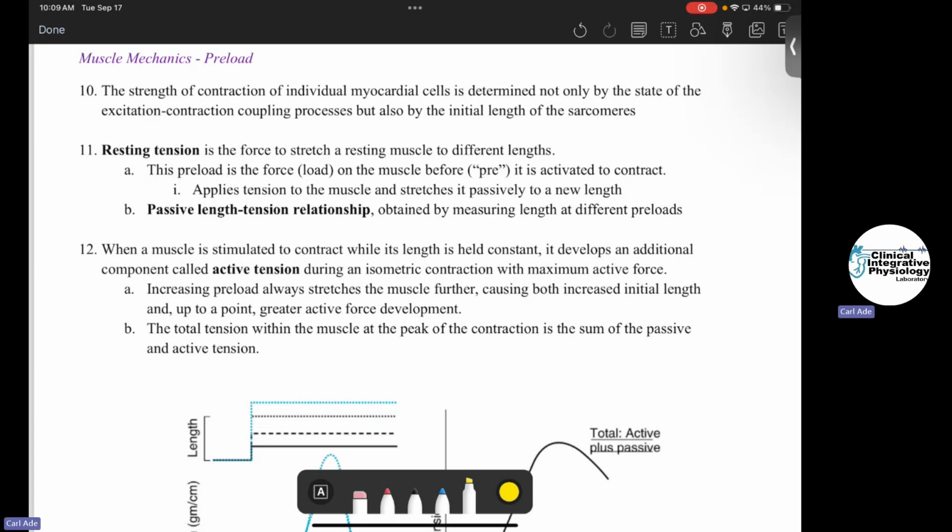We've got some extrinsic factors, that being the initial length of the sarcomeres. That initial stretch is going to change that relationship a little bit. This is where preload comes in. So I'm going to give you a second here to write these, and then I'm going to really build on it a little bit, because I'm going to have to go from my text to my figure.